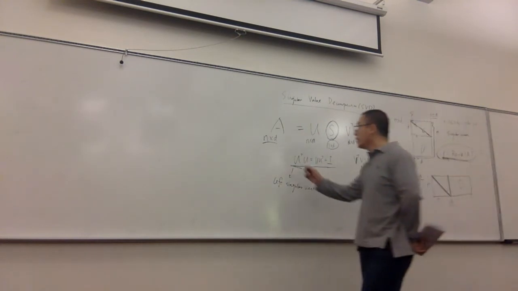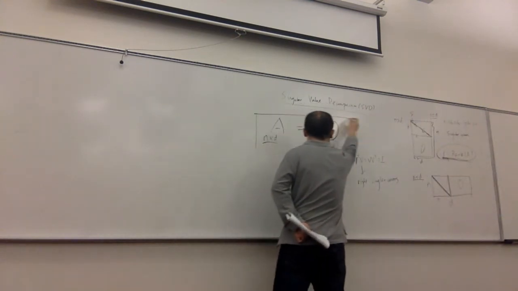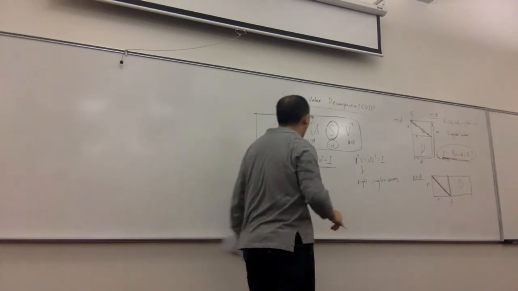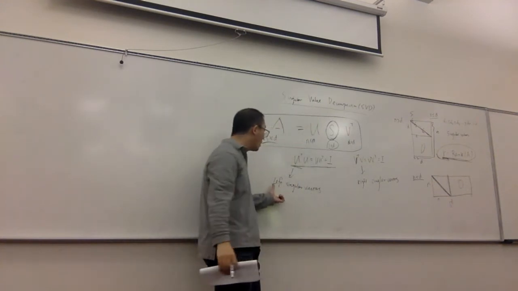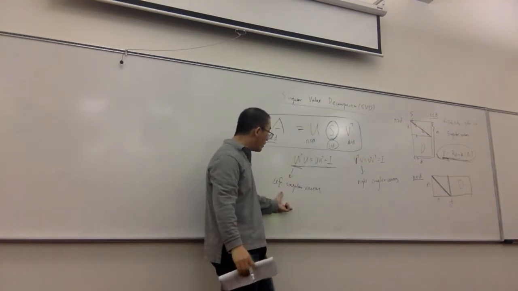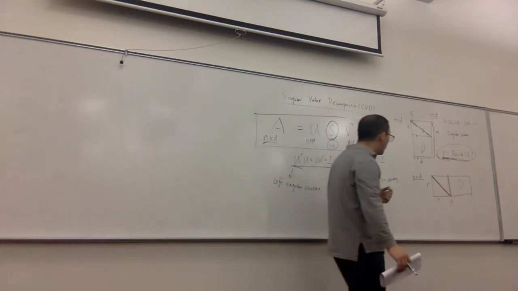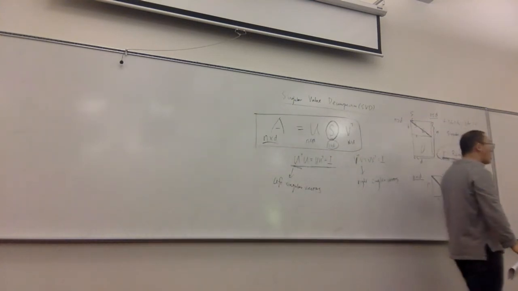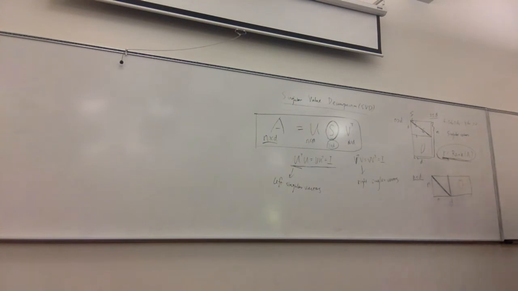So basically this is the singular value decomposition, and you should know what the left singular vectors are, what the right singular vectors are, and where the singular values are.